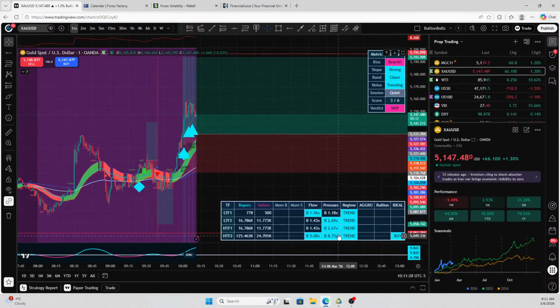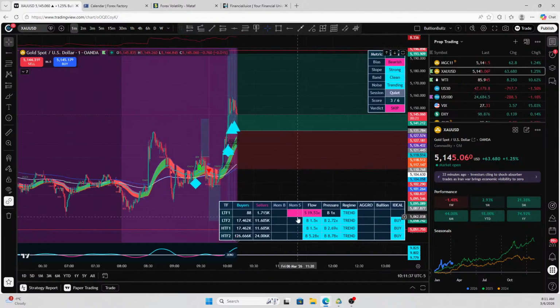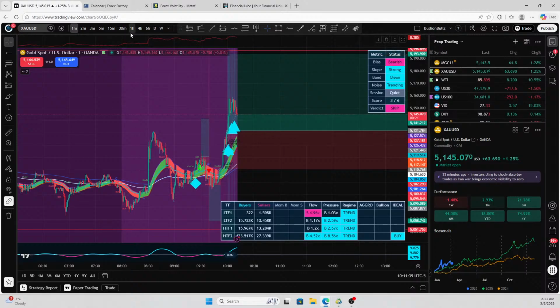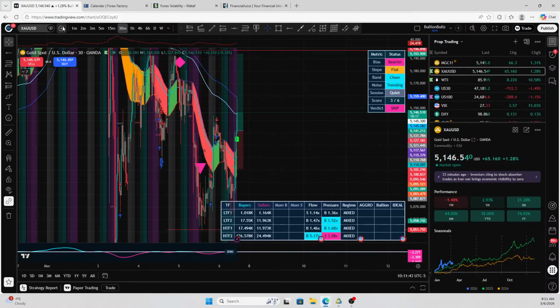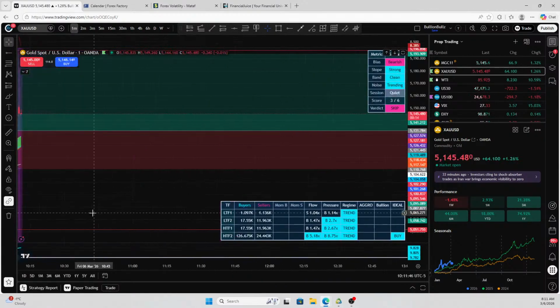So right now the pressure is still heavy, so we just need to wait. The 30-minute candle is still running. Yeah, major zone.